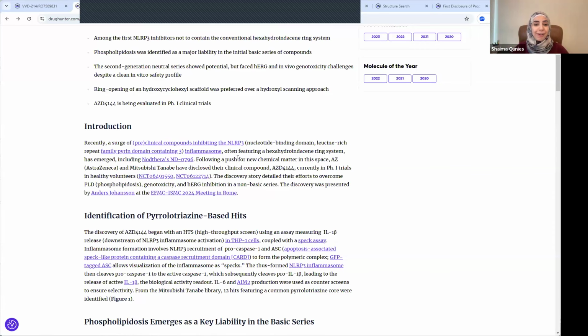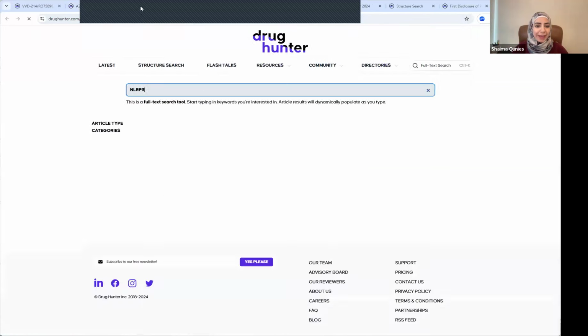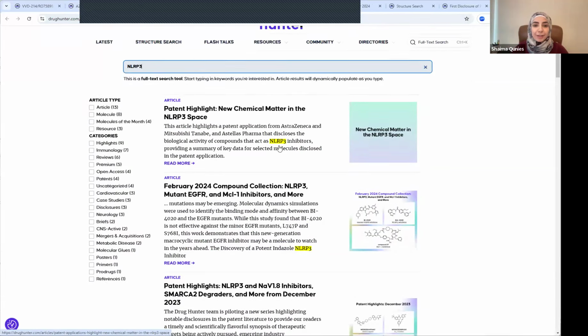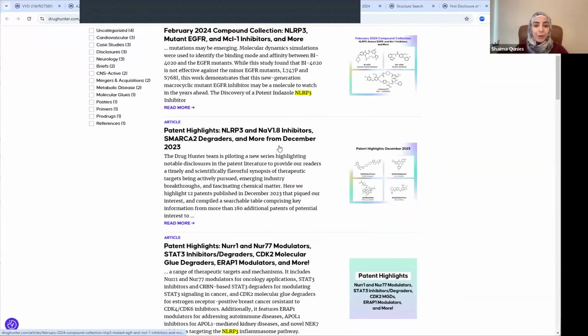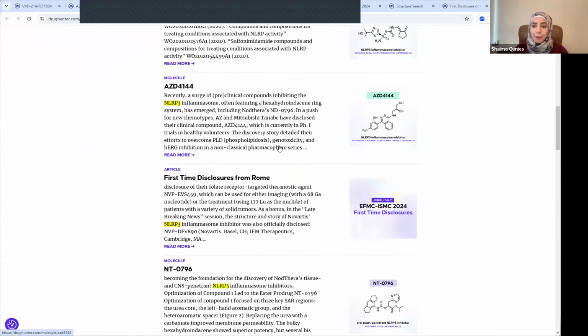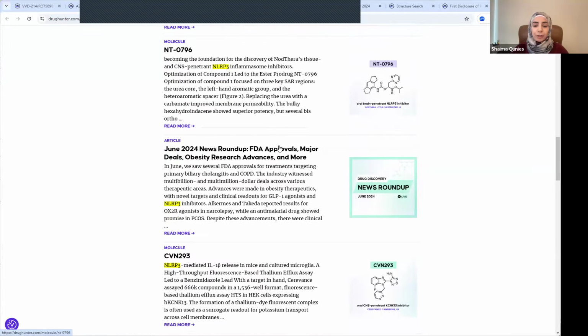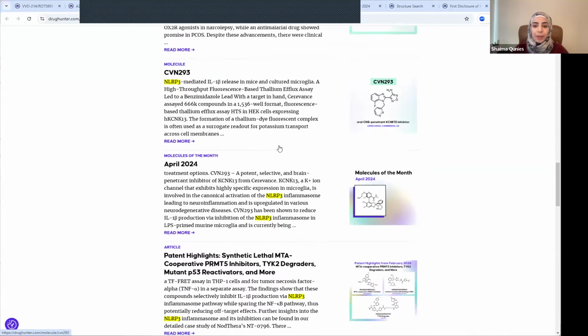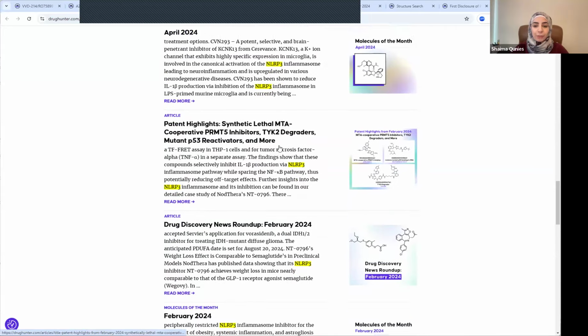This target is really hot, and we already covered at least 5 molecules in either case study or brief format, not to mention the patent highlights and the molecule of the month. So yeah, Dennis, thank you for clicking on the link. This takes you to the Drug Hunter search and all the NLRP3 coverage that we have done before.